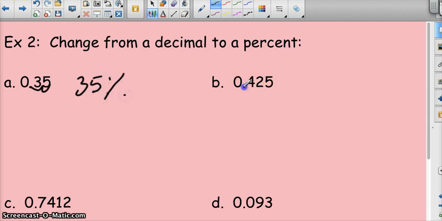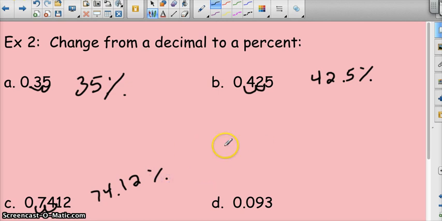Same thing, moving it 2 spaces to the right, leaves it as 42.5 and we throw a percent behind it. Again, easy, simple stuff. Same thing here. 2 places to the right. Throw a percent behind it.